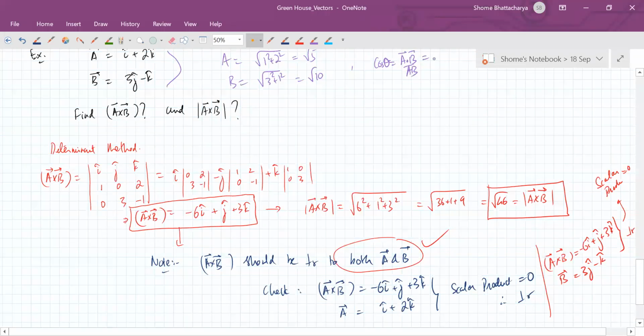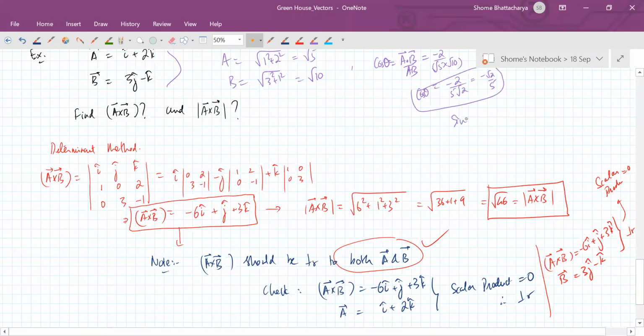So dot product between them is how much now? It is 0 plus 0 minus 2. So minus 2 divided by root 5 into root 10. So we can write that as minus 2 by 5 root 2. Okay, so that is cos theta.